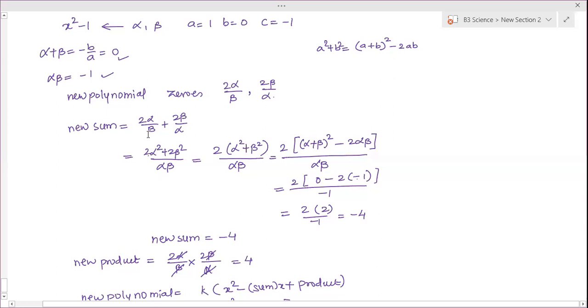Ma'am, but if we multiply the denominator, alpha and beta, then to get alpha beta in the numerator, it should be 2 alpha square beta plus 2. Why? Alpha beta is your LCM, so beta is already there. So you are multiplying with only alpha. If the LCM is 15 and 3 is there in the denominator, you will multiply with 5 only. That's it. We are doing the same here also. Okay.